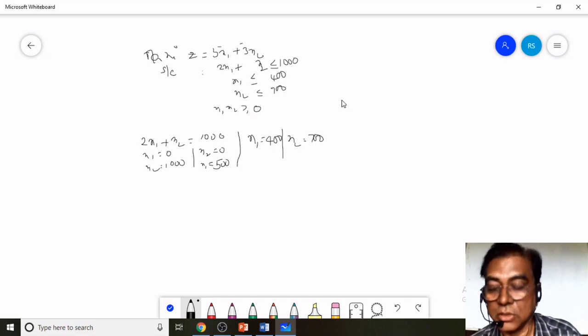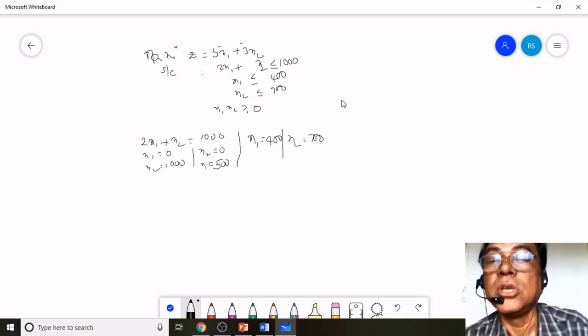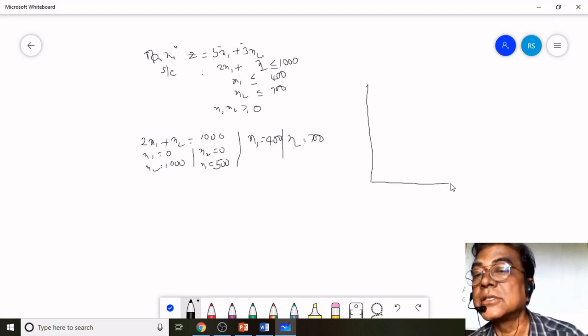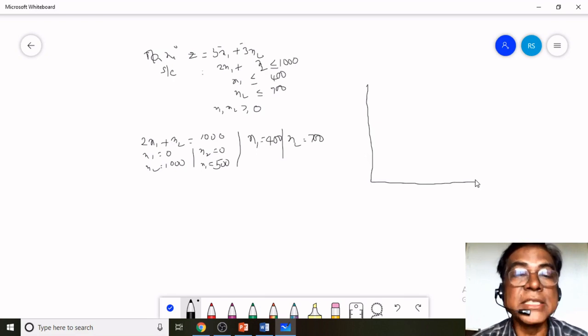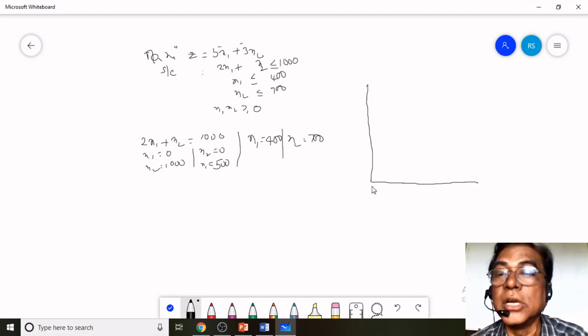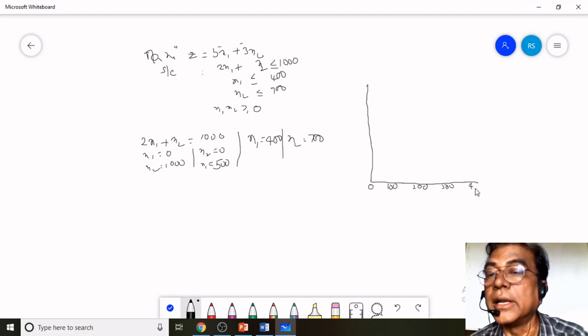So how to draw the graph, and how to calculate the x1, x2 variables with the help of the graph. Now take x1 and x2 as graph axes. The maximum value of x1 is 500, so take 0, 100, 200, 300, 400 and 500 as x1.